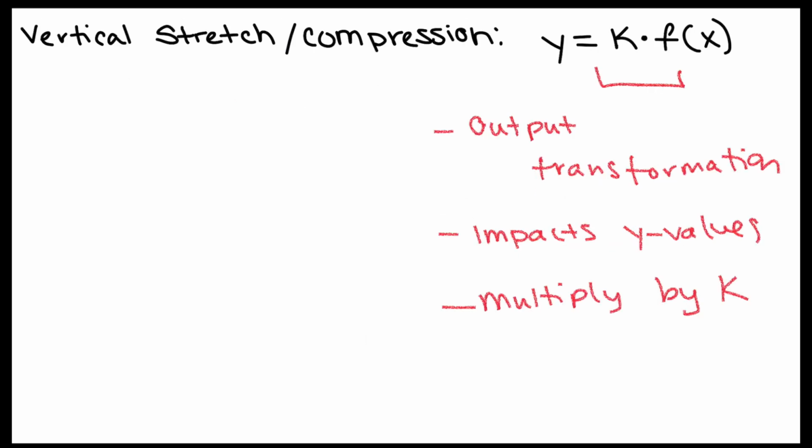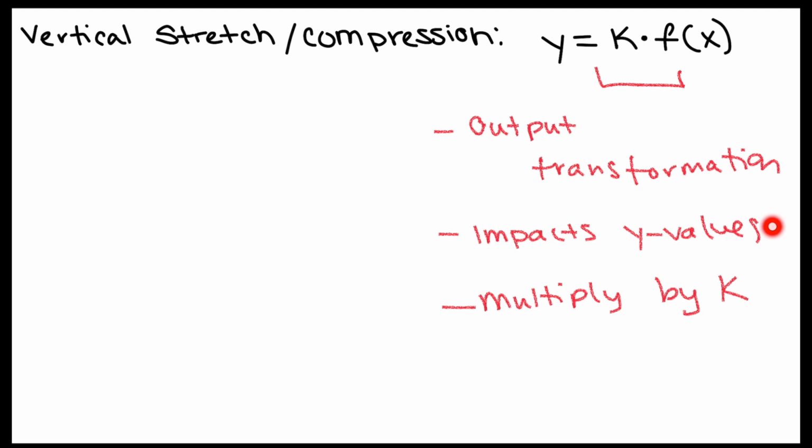We can also have non-rigid transformations like stretches and compressions. And that occurs when your function is being multiplied by a number rather than added. So here's our general form. If we have y equals a constant times our function, this would be an output transformation if the constant is outside of the function.